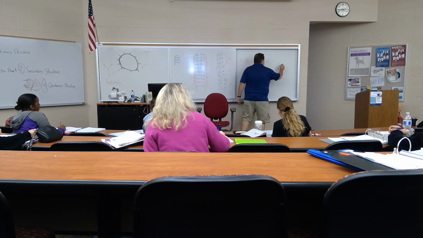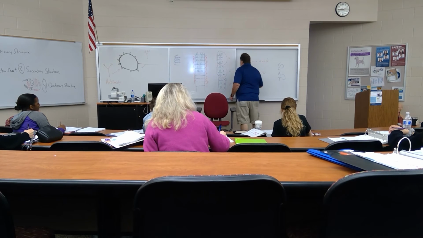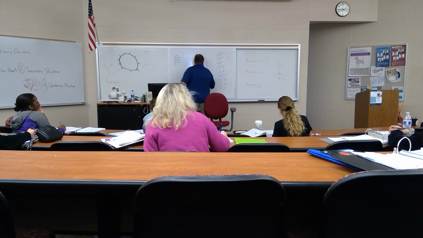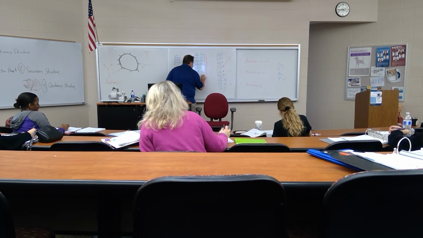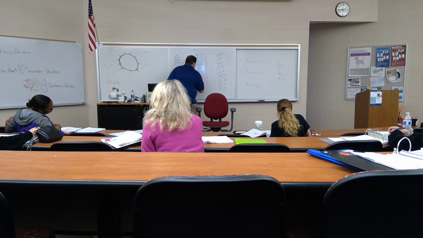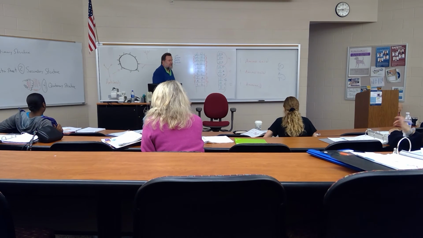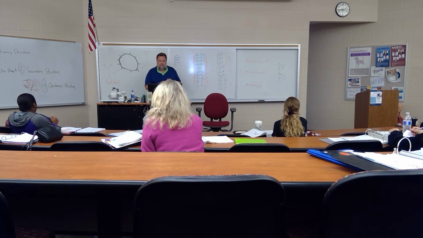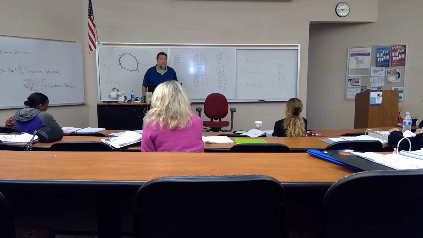G always goes with C, A always goes with T. If that's a G, that's a C. If that's a T, that's an A. If that's an A, that's a T. C, that's a G. They go together. Everybody okay?